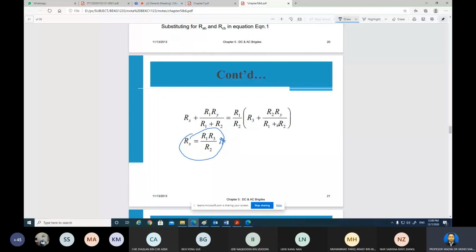For example, in our final exam this semester that I mentioned, we reduce the number of theoretical questions and focus more on calculation. That's why in the oscilloscope chapter we focus on how to measure the waveform. After finishing chapter 6 on the AC, we go for the tutorial on the oscilloscope and also the DC and AC bridge.